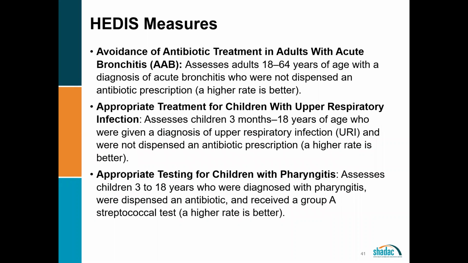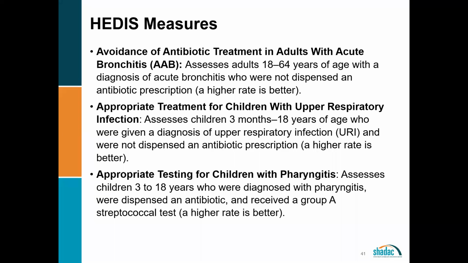So this slide lays out 3 HEDIS measures that are relevant to improving antibiotic use. Deirdre talked through a lot of the great measures that align with 618 in the Medicaid core data sets. But there are some HEDIS measures as well that focus on improving the use of antibiotics. The first 2 measures on this slide focus on conditions where antibiotics really should almost never be prescribed. So we're looking at acute bronchitis and upper respiratory infections.